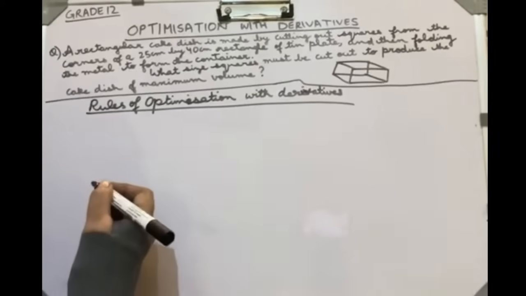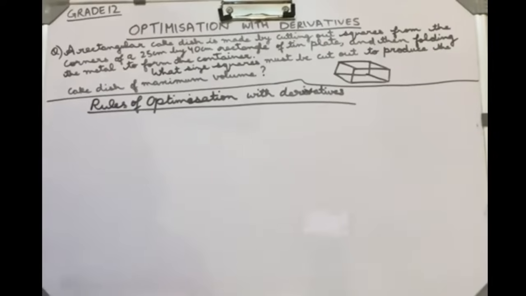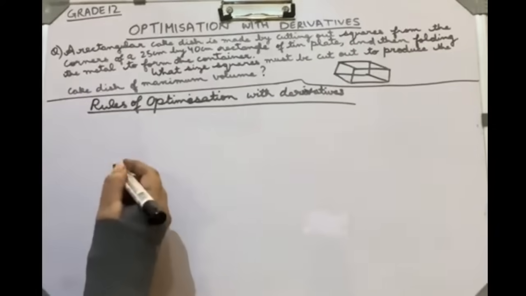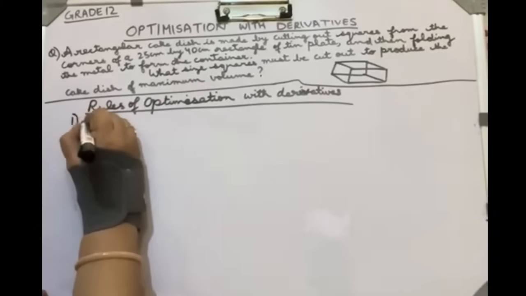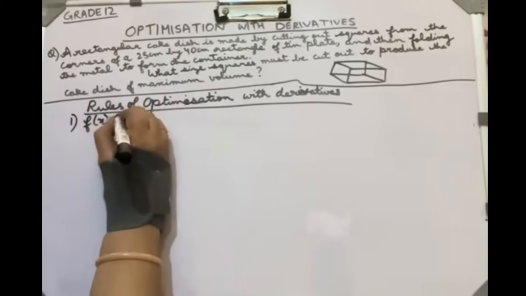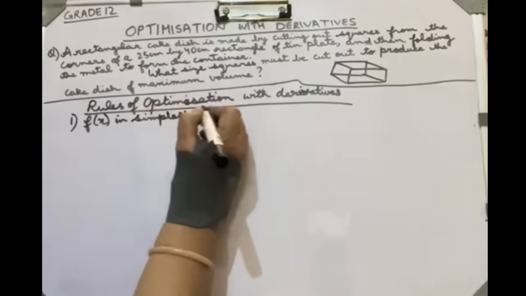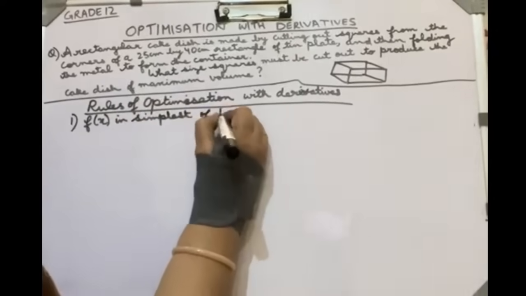We have already discussed key rules of differentiation, that is power rule, sum difference rule, product rule, quotient rule, chain rule. Today we will discuss the steps for optimization problems. First, we will express f(x) in simplest form.